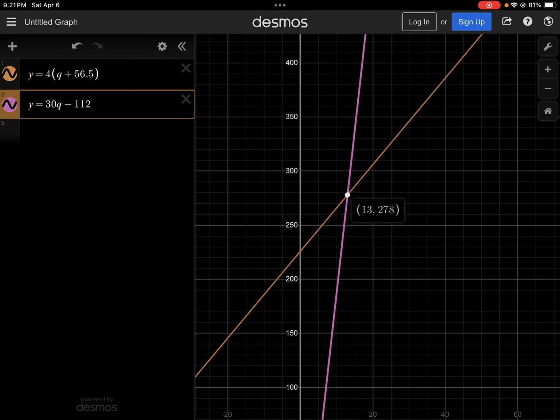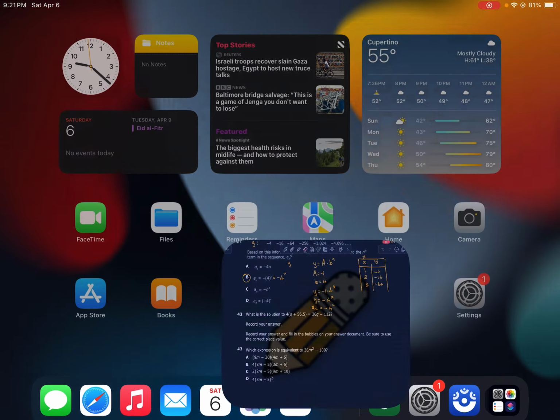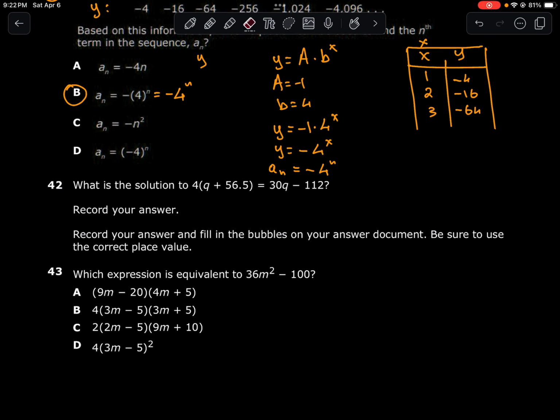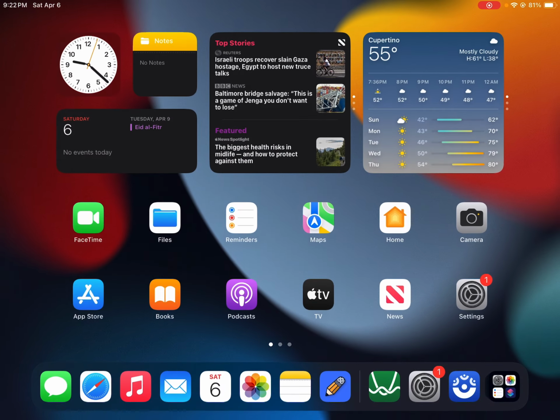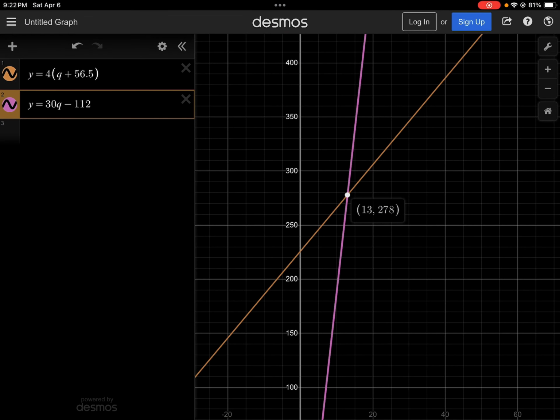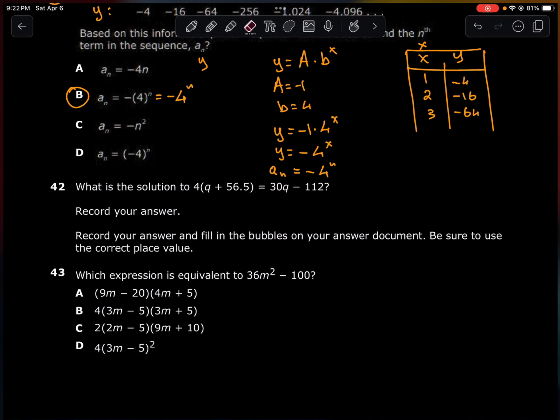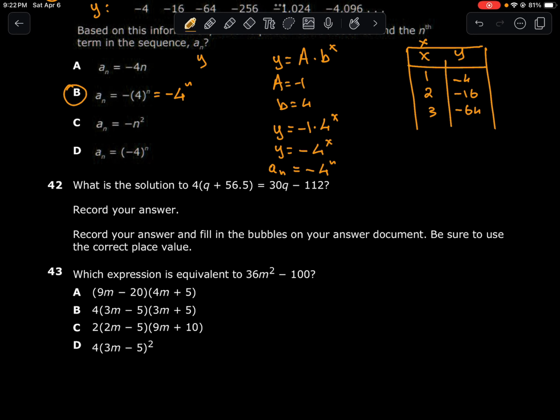Well, I know that this is x comma y. I'm not looking for the y, I'm looking for the x. I just call it q here. The q plays the same role as x, and what is the solution? 13. So the solution is 13. Okay, and that refers to q.